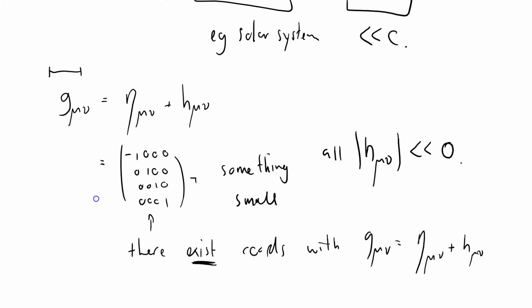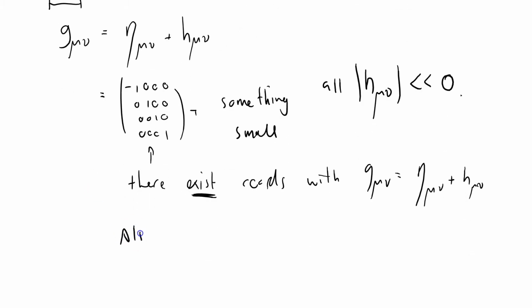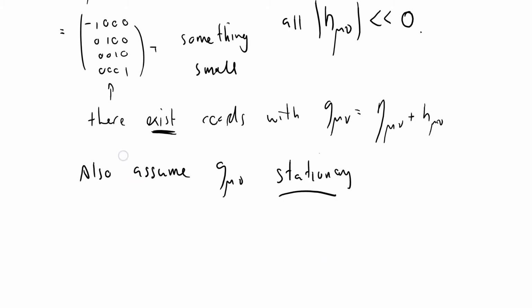I'm also going to assume that the field is stationary. So what that means is that the time derivatives, partial h mu nu by partial x 0, are equal to 0.